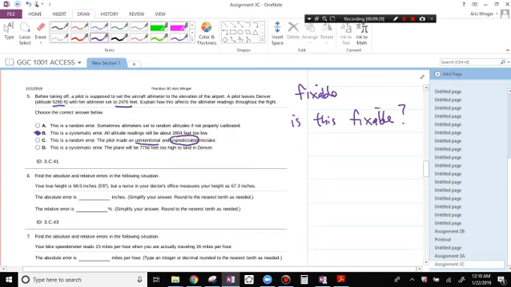Number 6, find the absolute and relative errors in the following situation. All right, so what's going to happen is you're going to have a true answer. So your true height is 68 inches. The measurement says 67.3. And so the question is, how far off are you, right?